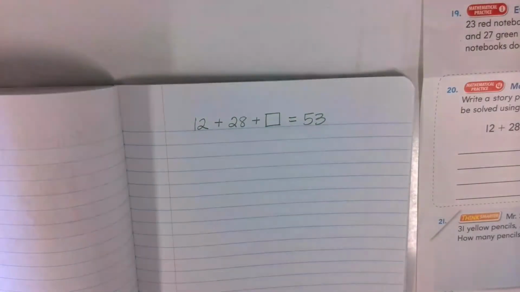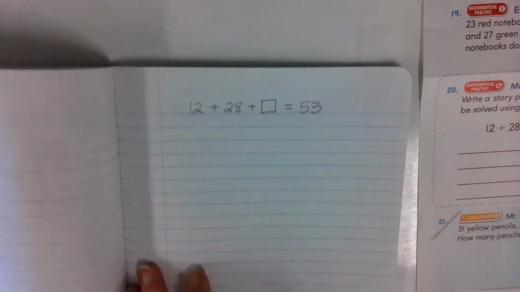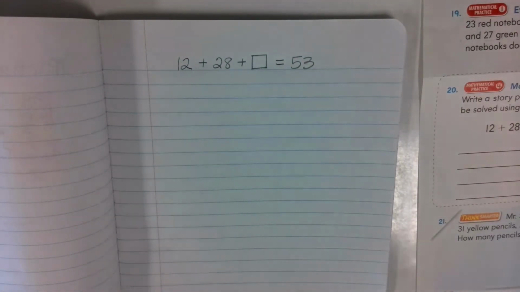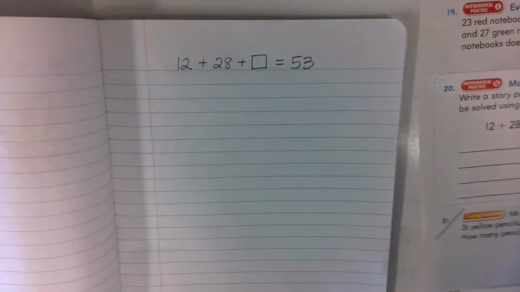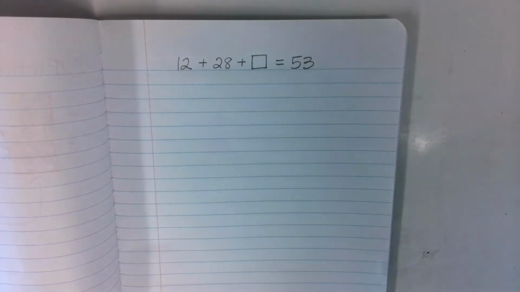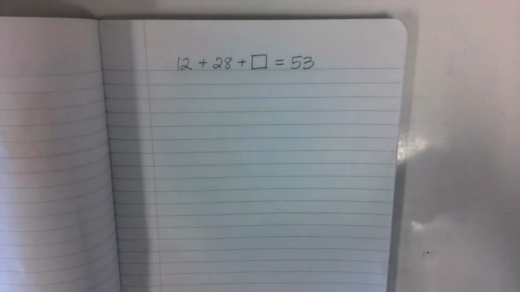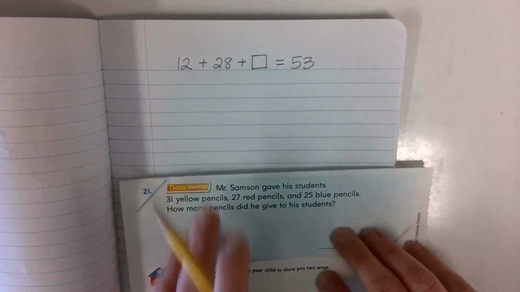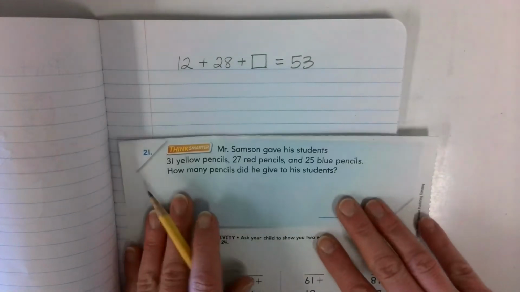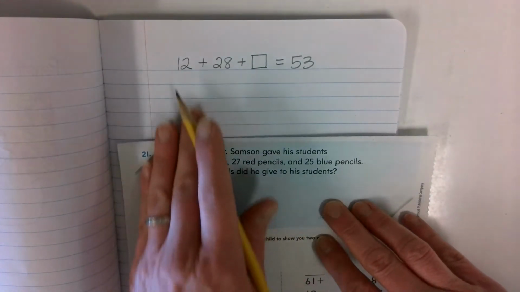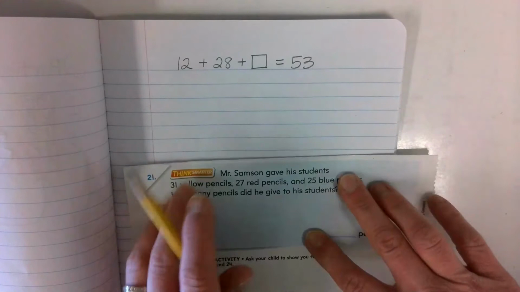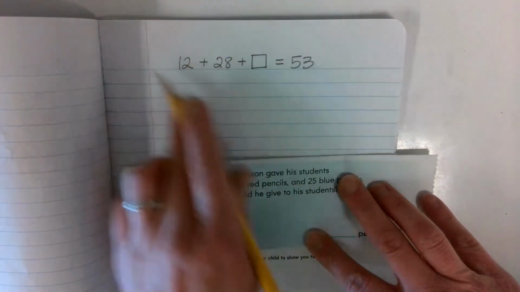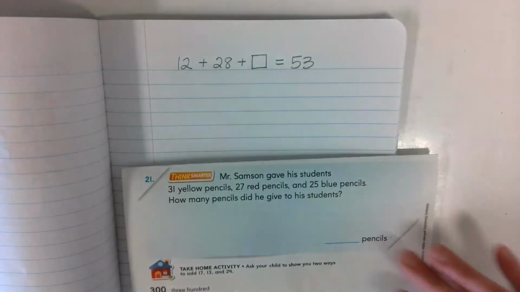So go ahead and write that down. Now we're going to use number 21 as a model to write a number story, but with this equation, okay?